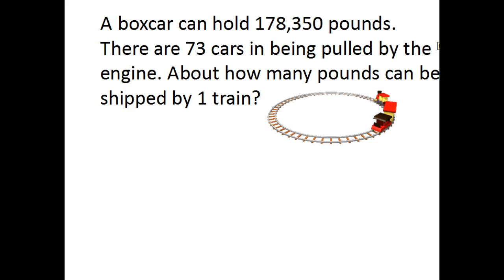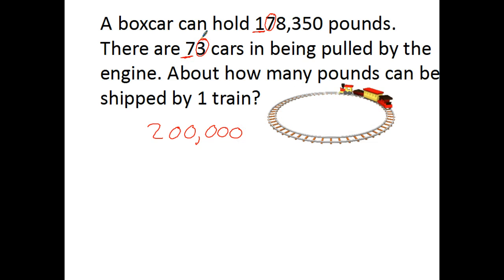A boxcar can hold 178,350 pounds. There are 73 cars being pulled by the engine. About how many pounds can be shipped by one train? Again, rounding them both off to the highest place. Level 7 bully, get off my floor, go up one more. So that number is going to go to 200,000. 73 cars.